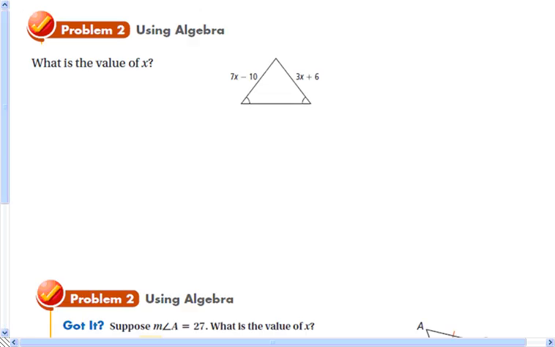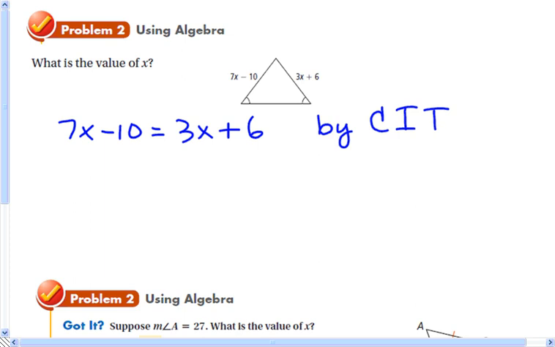All right, we're going to find the value of x using the isosceles triangle theorems. So we can say that 7x minus 10 is equal to 3x plus 6, and that is by the converse of the isosceles triangle theorem.